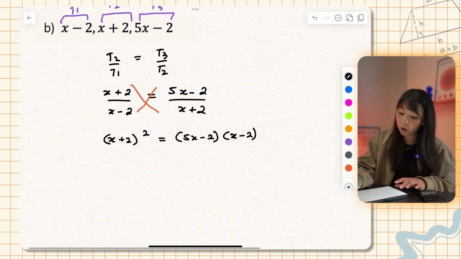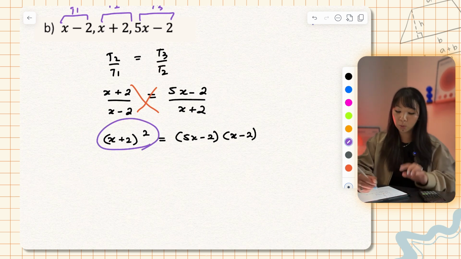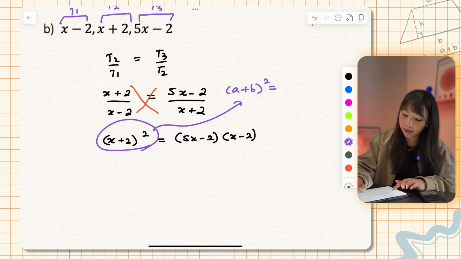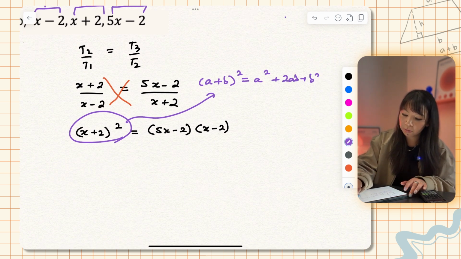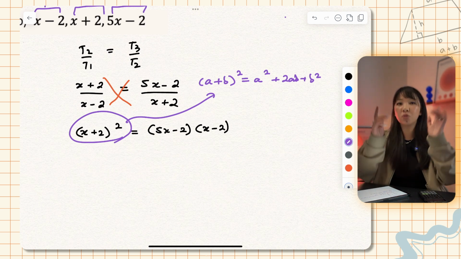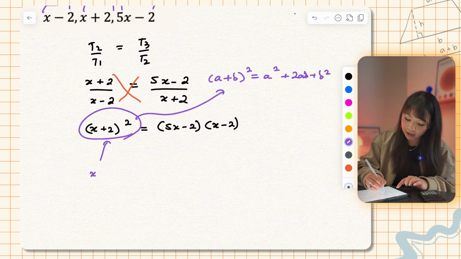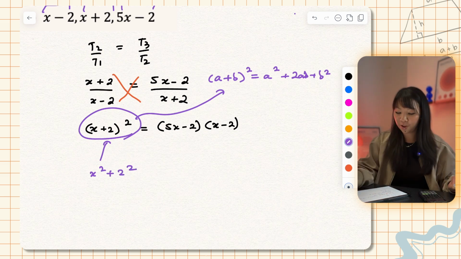Okay, so now I'm going to go ahead and expand this. When you expand a perfect square, recall that a plus b all squared equals a squared plus 2ab plus b squared. Please do not, under any circumstances, when you see this, write it as x squared plus 2 squared. This is not true, okay?